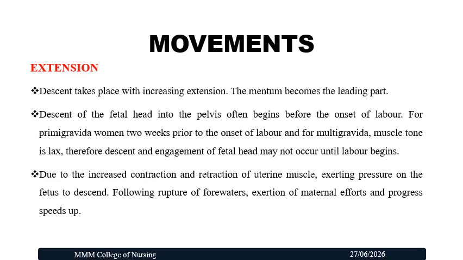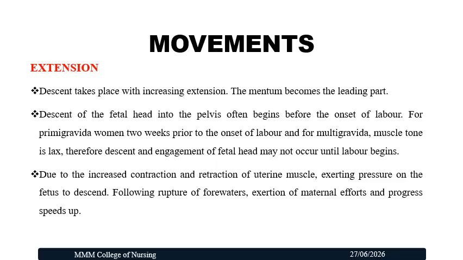First movement, extension. Here, descent takes place with increasing extension. The mentum becomes the leading part. The descent of the fetal head into the pelvis often begins before the onset of labor. For primigravida, usually descent takes place 2 weeks prior to the onset of labor, and for multigravida, on the onset of labor, because the muscle tone is relaxed.